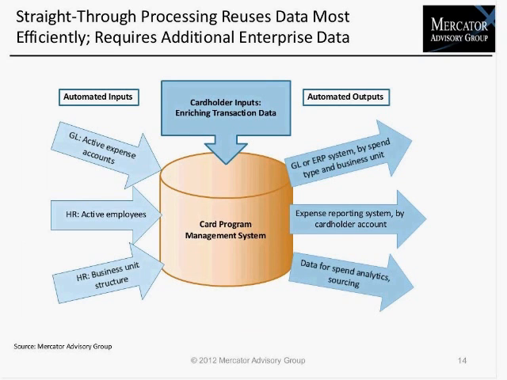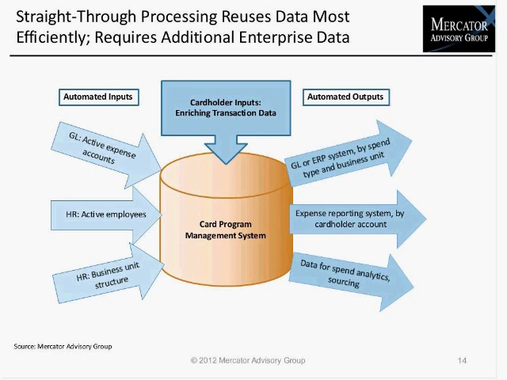Many of you are familiar with the question of straight-through processing, the ability to reuse all this data. Well, we see the cardholder inputs in this graphic as feeding the card program management system. Cardholder inputs are enriching the transaction data. It's saying, I have a restaurant charge.